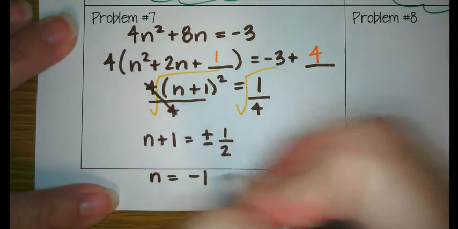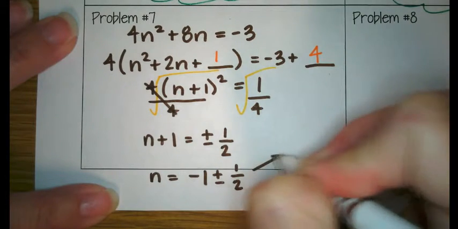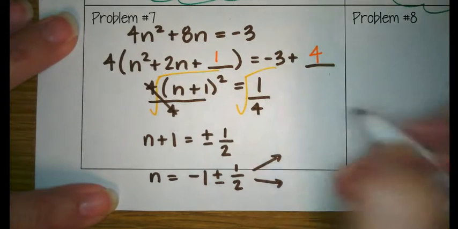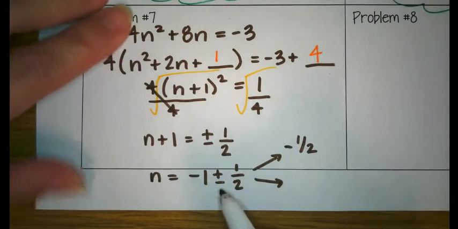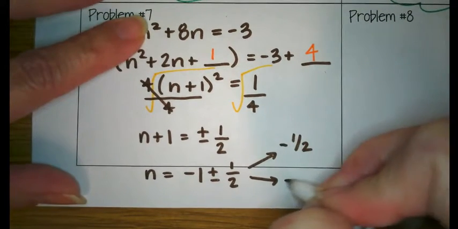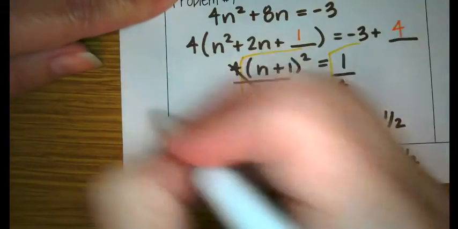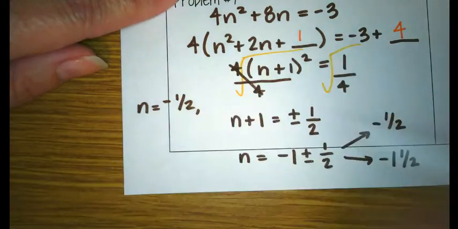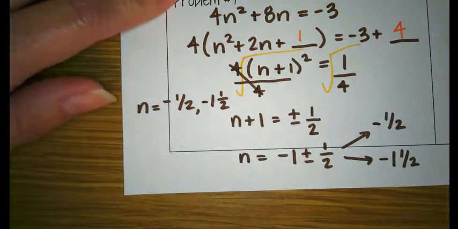N is negative 1 plus or minus 1/2. All right, so we can answer these two. So negative 1 plus 1/2 would be negative 1/2. And negative 1 minus 1/2 would be negative 1 and 1/2. So those are the two values of n. And you could write it as an improper fraction as well. That would be fine.